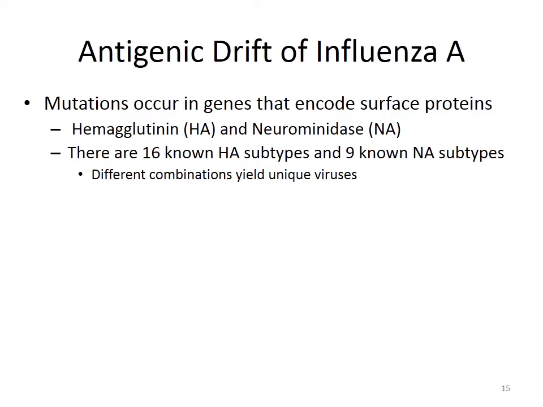One thing that can occur in viruses, when we use influenza A as an example, is antigenic drift. Mutations can occur in genes that encode surface proteins, and these surface proteins can change the way the virus looks to antibodies.